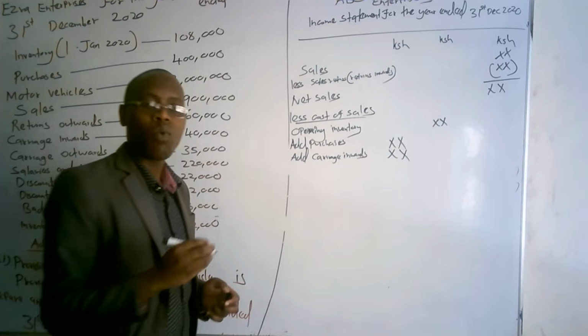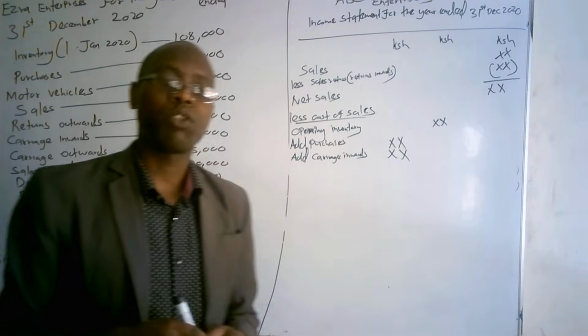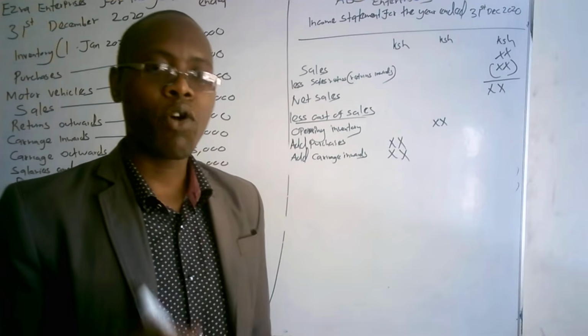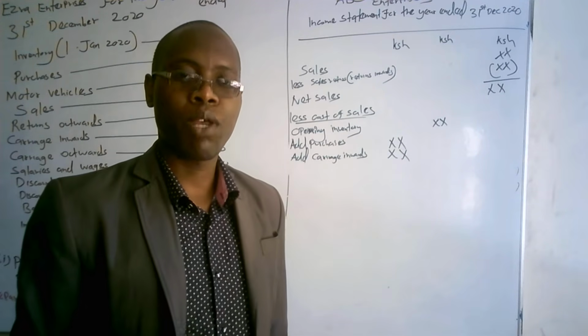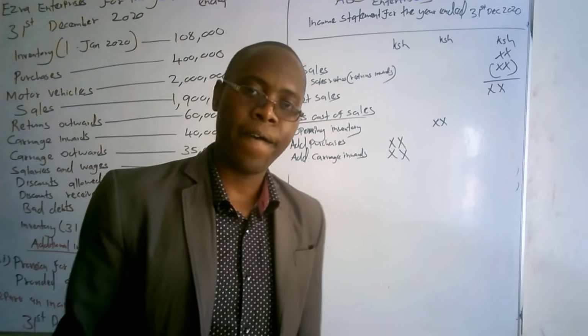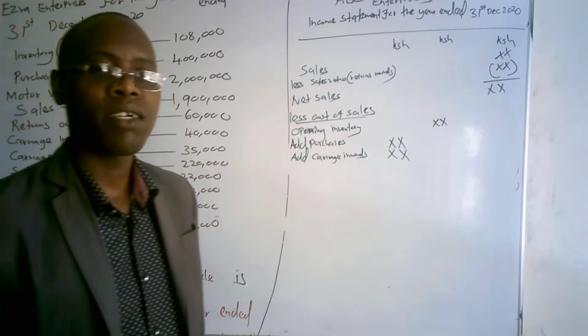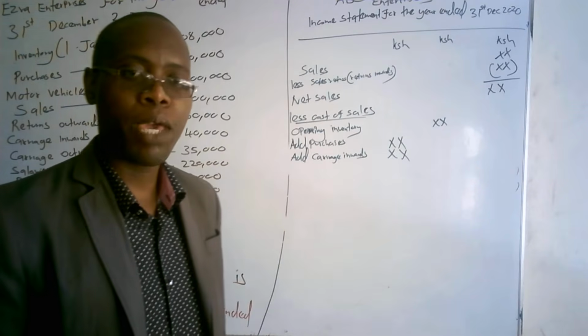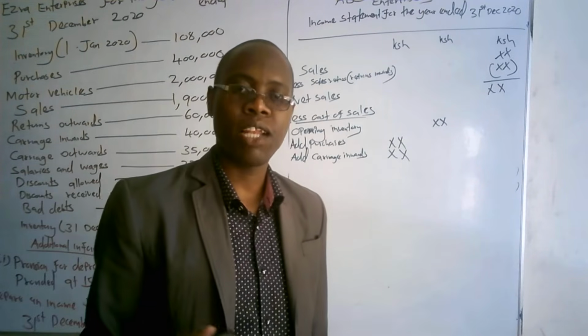So carriage inwards is the transportation cost of transporting goods from the point of purchase to your premises. For example, you have a business and you go to your supplier and you buy some goods, maybe 100,000, that you can't carry yourself.